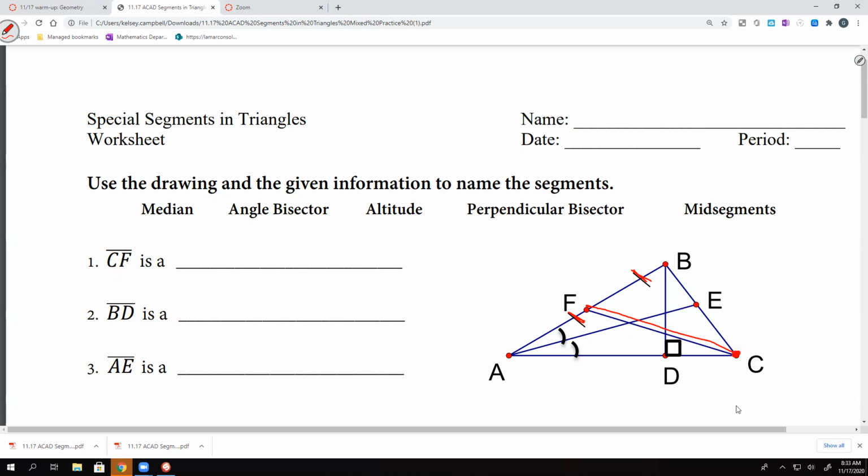And perpendicular bisector, because those have to have the right angle. So it's either an angle bisector or a median, and it can't be a mid-segment. Is it cutting the angle in half, or is it cutting the side in half? It's cutting the side in half. So median. Yep, median.